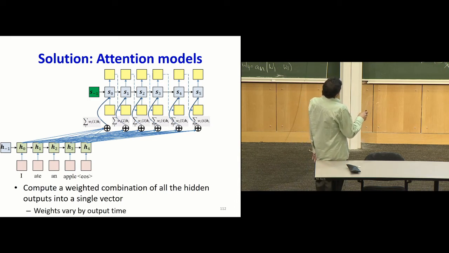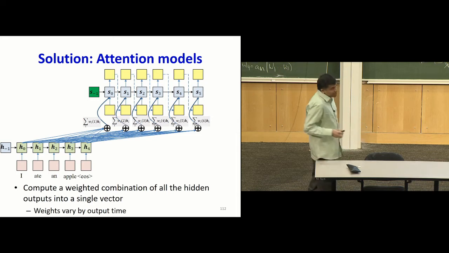So at time 0, for instance, the decoder is going to see as input, in addition to the start of sequence symbol, some weighted combination of all of these h's, and these weights are going to be specific to time 0. At time 1, the decoder over here is going to see, in addition to the hidden state s0, some weighted combination of these hidden representations, where these weights are specific to time 1.